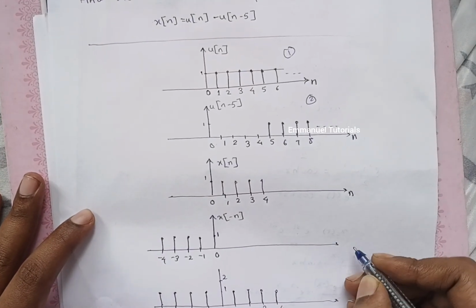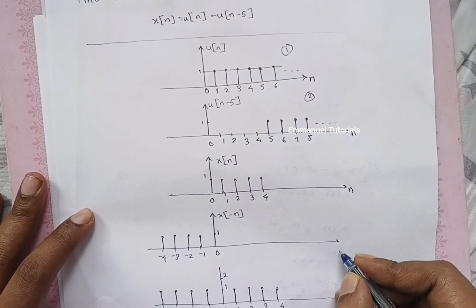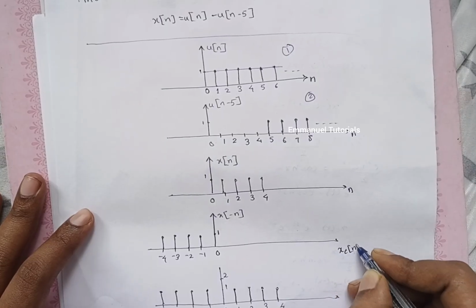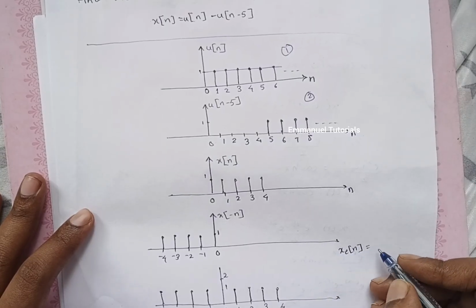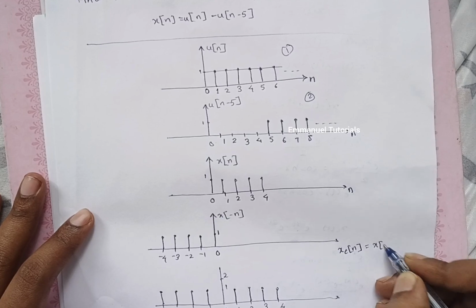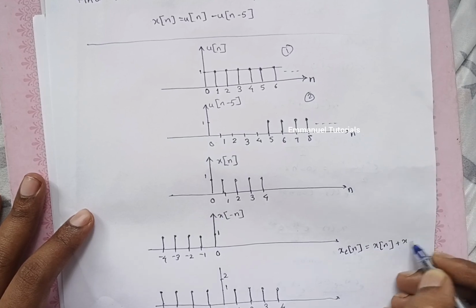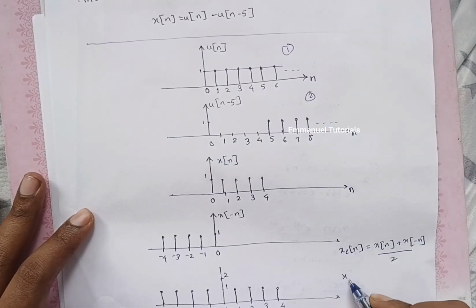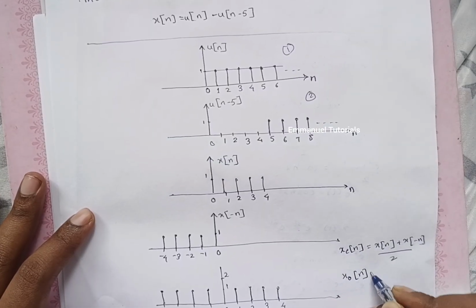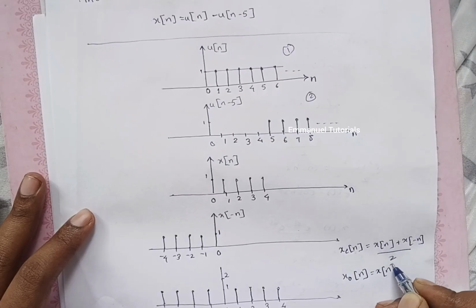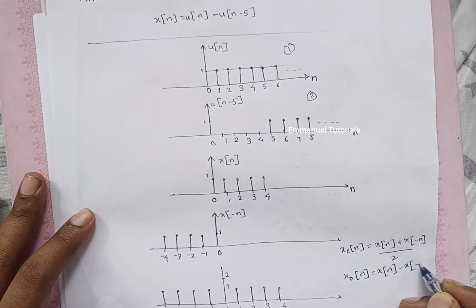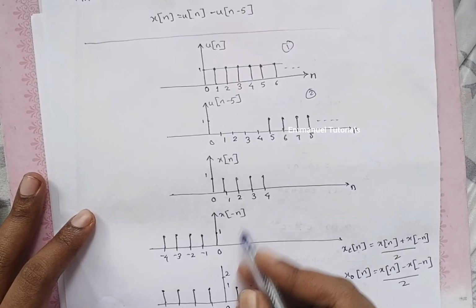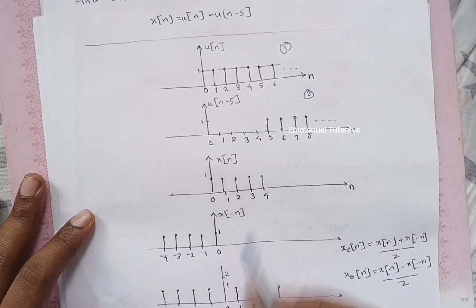And I'll also write the formula for x even and odd. Even one will be x of n plus x of minus n by 2, and odd one will be x of n minus x of minus n by 2.